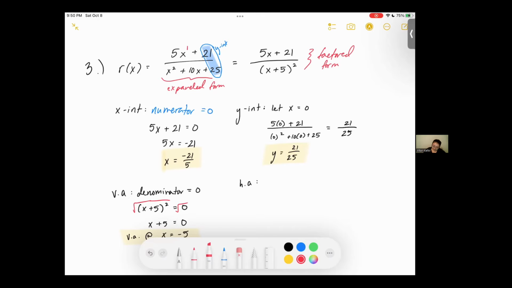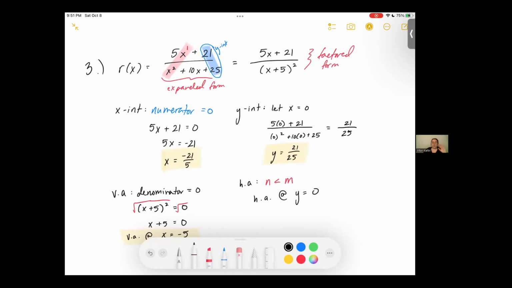Comparing the x terms here, we see that the degree of the numerator is less than the degree of the denominator. 1 is less than 2. So for our horizontal asymptote, we have that n is less than m, which, if you remember, indicates that there is a horizontal asymptote at y equals 0.